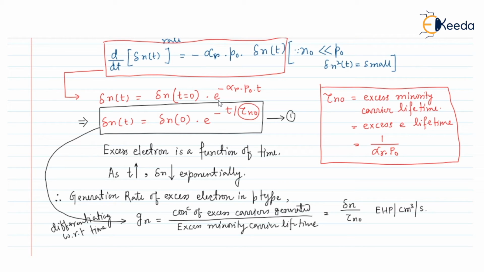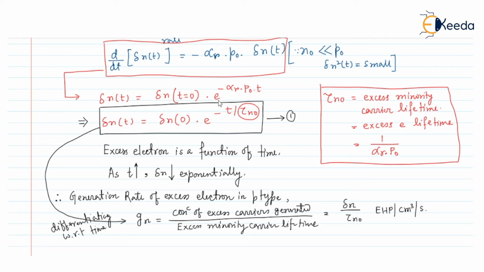And we also know that the recombination rate, generation of electrons is also happening, and on the other side recombination of the excess carrier will also take place.